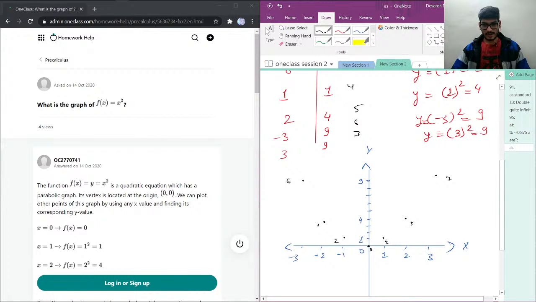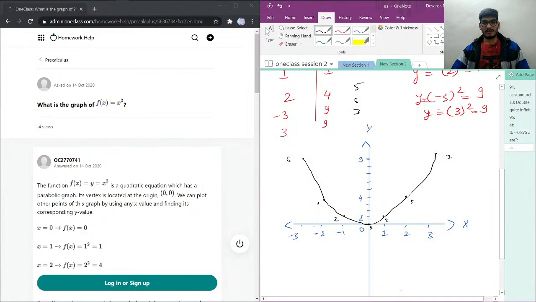Now I will try to join these points. I'm not sure that I will be able to do it properly. And this will go till here.